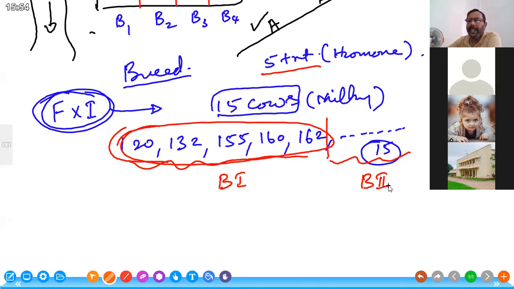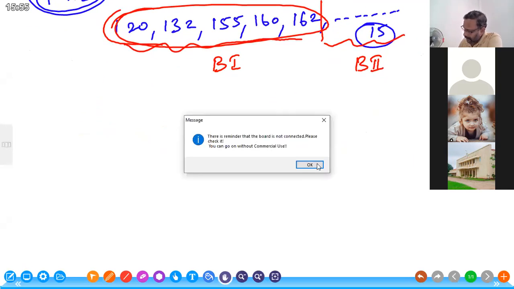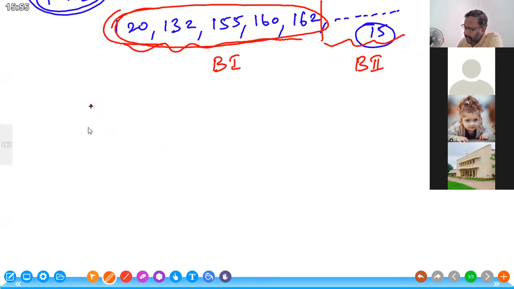So this is one way you can do it. Likewise, we can do blocking in different aspects: animals, plants, trees, fields, etc. So here in blocking, we actually have one more additional component in the ANOVA.